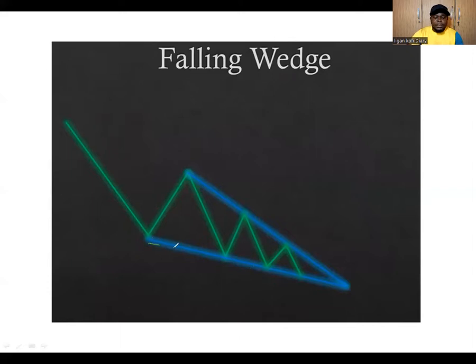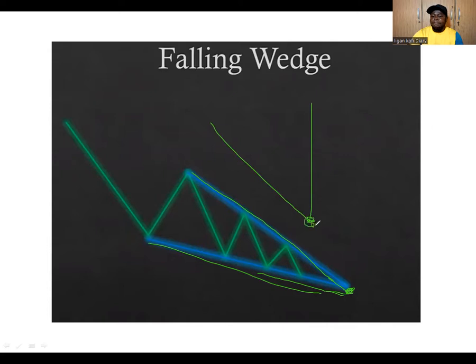And these two lines, this one here and this one here, are kind of converging at a point. Do you get it? It's like some V kind of shape. The two are coming to converge at a point here. Is that okay? So that is how the falling wedge looks. So you see how it's coming.